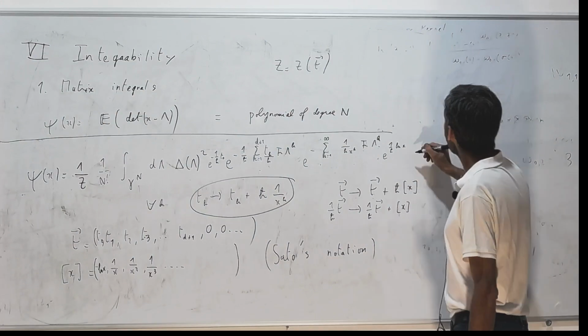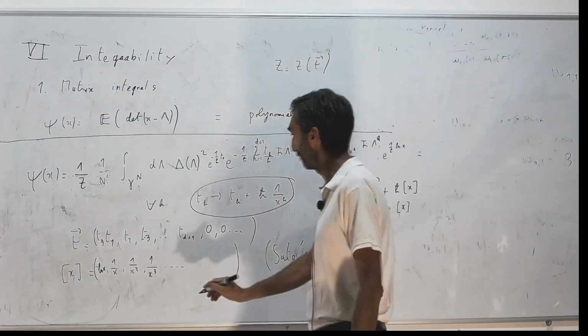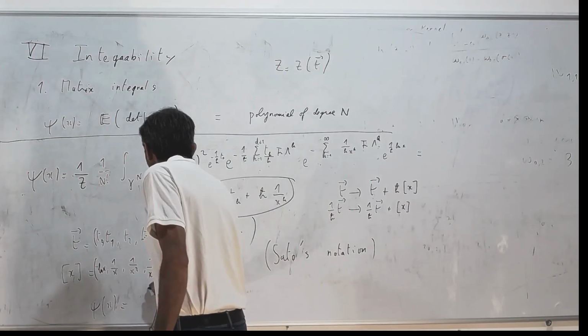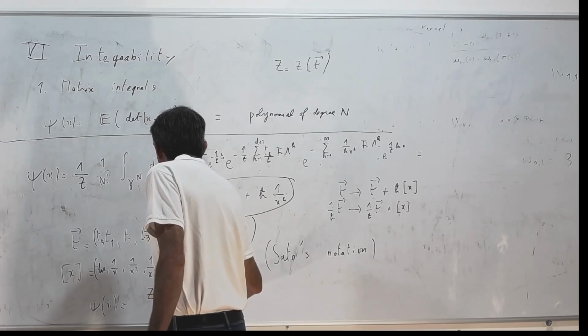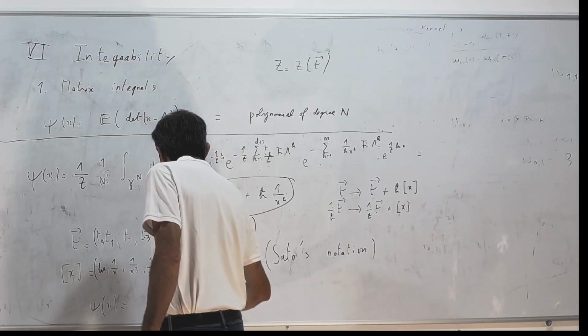And you recognize that this expression is just, so in the end, what do we have? We have that psi of x is z of t plus h bar x over z of t.